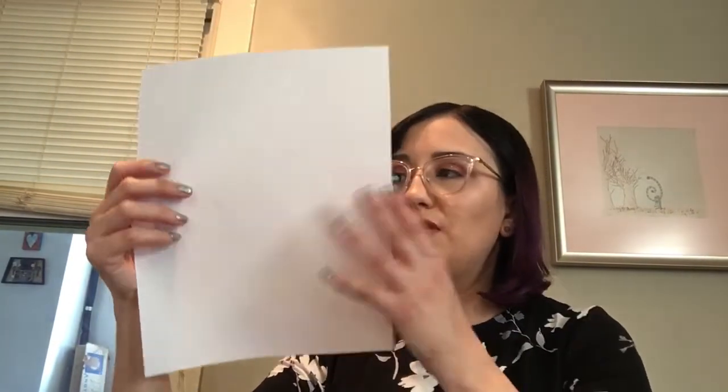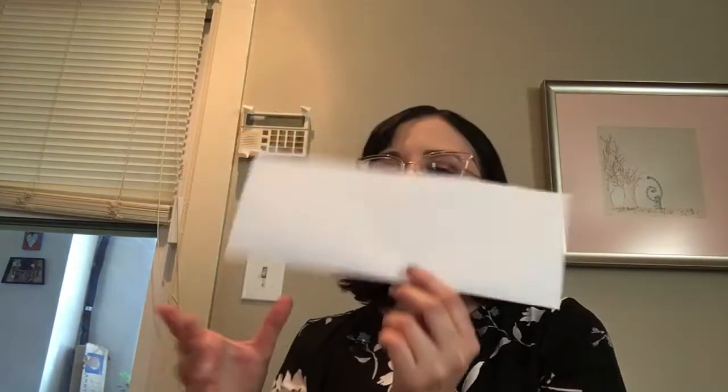Now once you're ready, you're going to take your piece of paper and we want to fold it into 6 boxes. So the first thing you're going to do is you're going to fold it in half hot dog way. All right, long and skinny like a hot dog bun. So make sure your corners touch and fold it like that. Next, we are going to fold it not into halves, so we're not folding it in half, we're folding it into thirds.